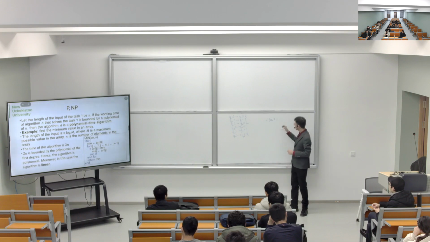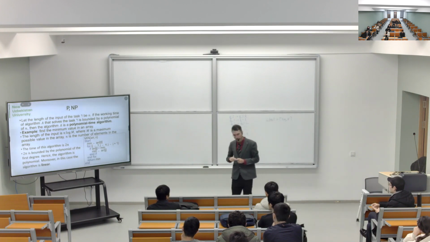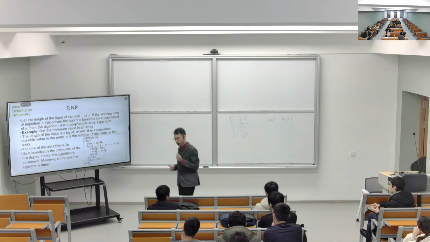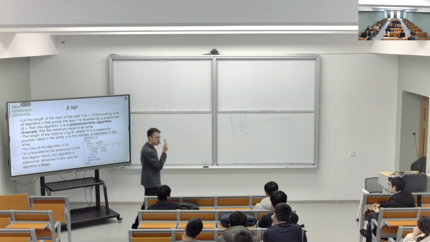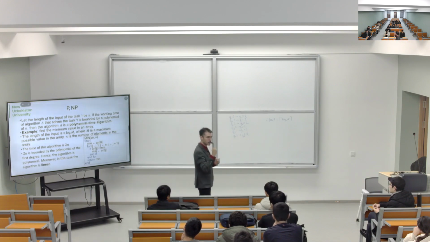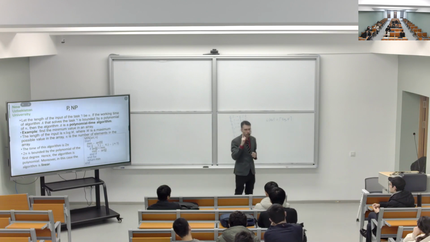Yes. Logarithm base 2 of n. This is the length of our number. So now, the number of steps must be a polynomial of the logarithm of n, not of n itself.